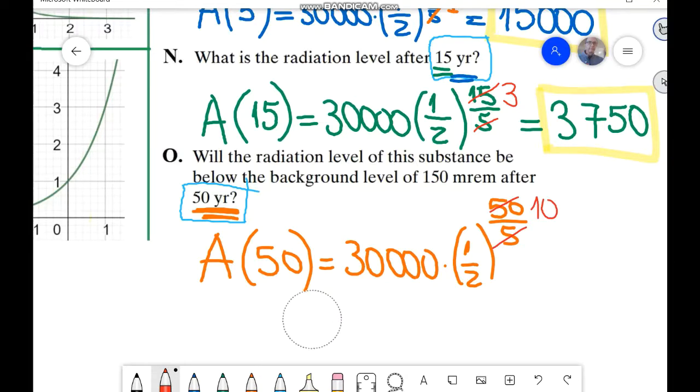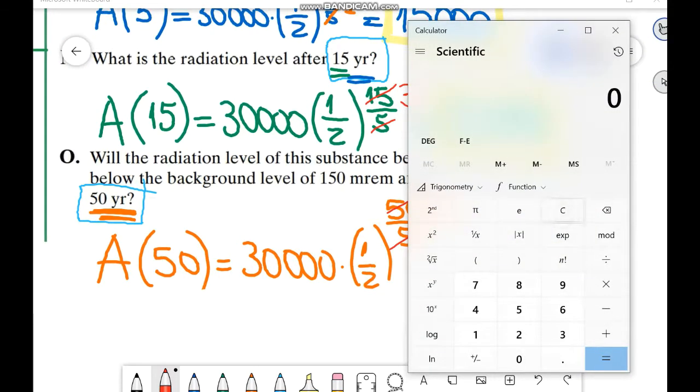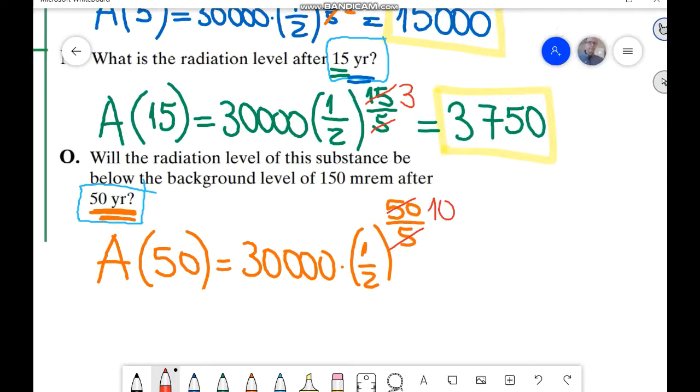So bring the calculator. Now it's 30,000 times 1 divided by 2 to the 10, which equals 29.3.